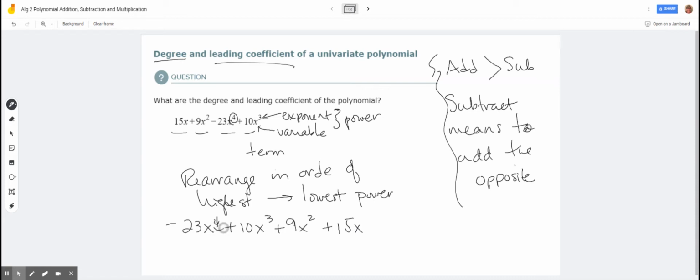So the degree is 4, and the leading coefficient is negative 23. Sorry, I wrote that ugly, but you get the idea. The leading coefficient is negative 23.